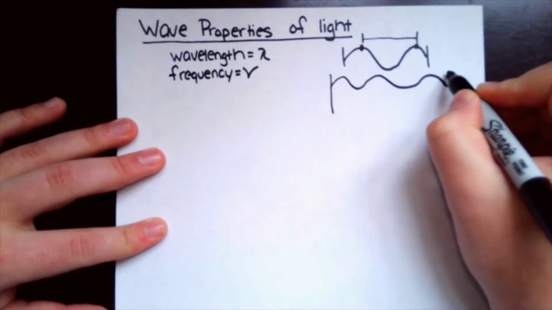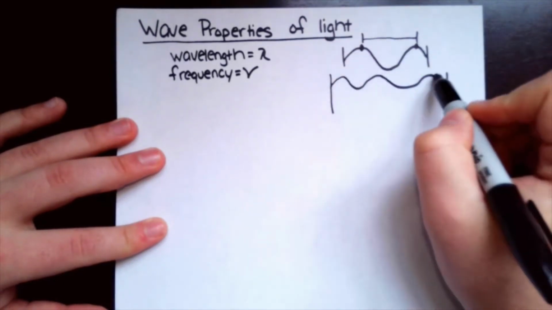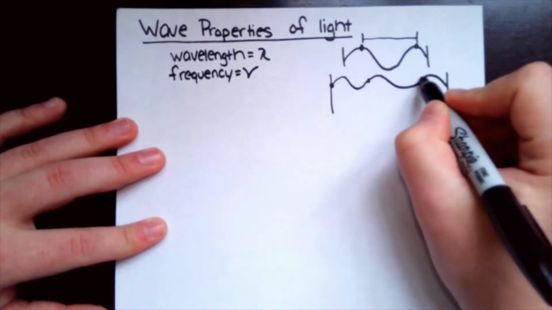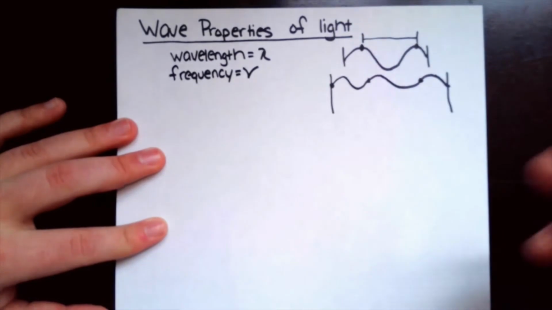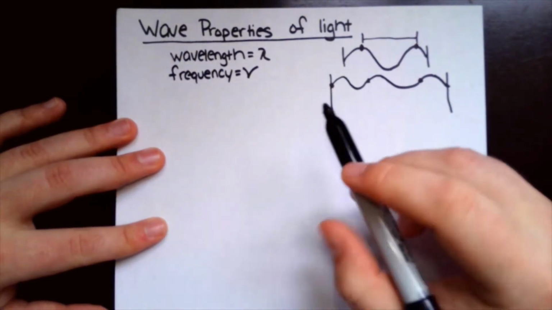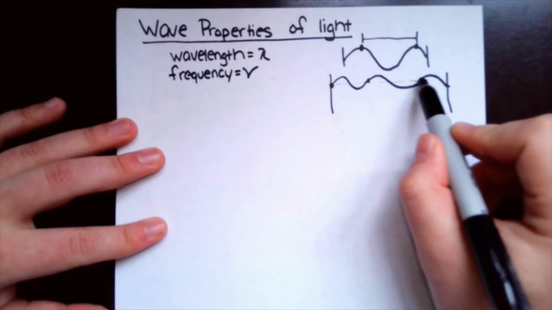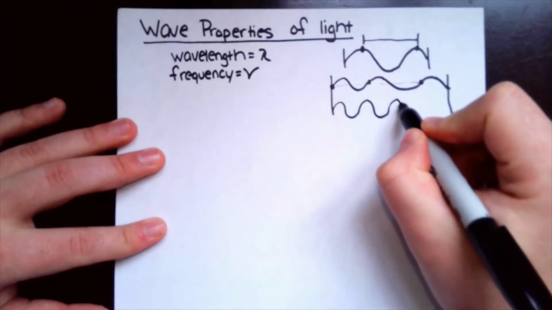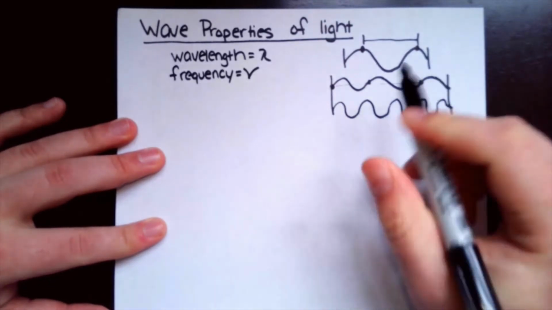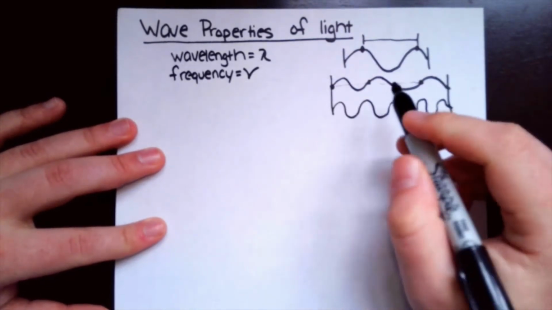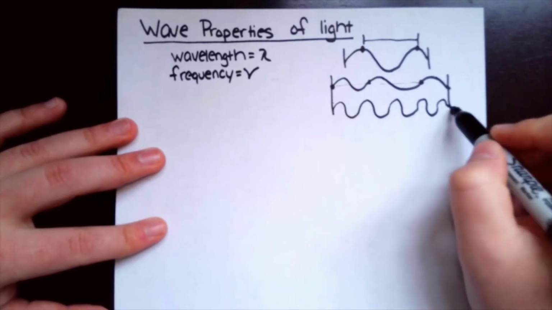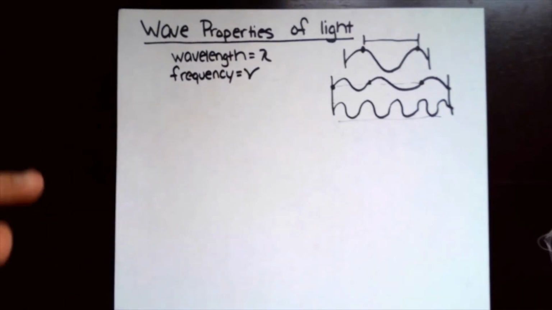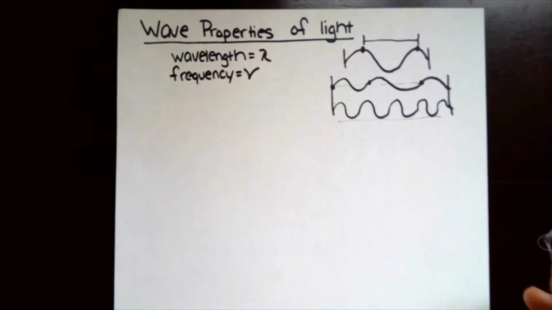Let's say in this amount of time, this goes through about 2.5 waves. Now if I do something like this, there are way more peaks, way more wavelengths in the same amount of space. That means that it has a higher frequency.